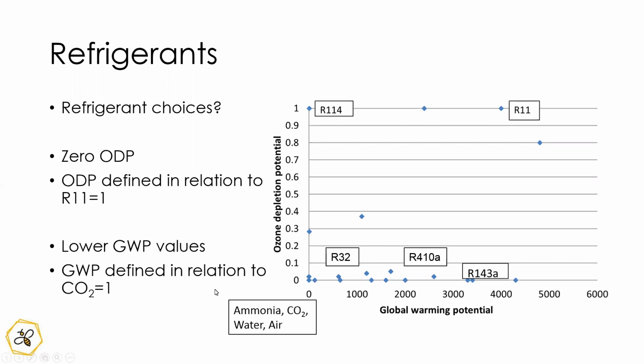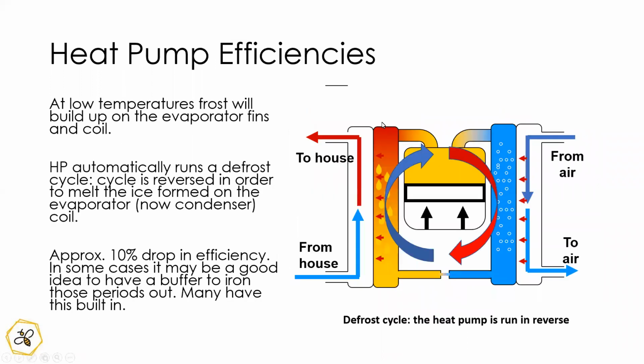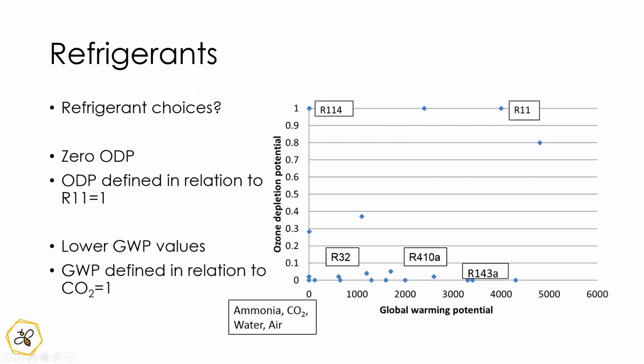As we go to better fabric and lower heat demands, we can also look into much more friendly refrigerants, which are ammonia and CO2. So hopefully that could be a consideration that you take into account when you choose your heat pump.